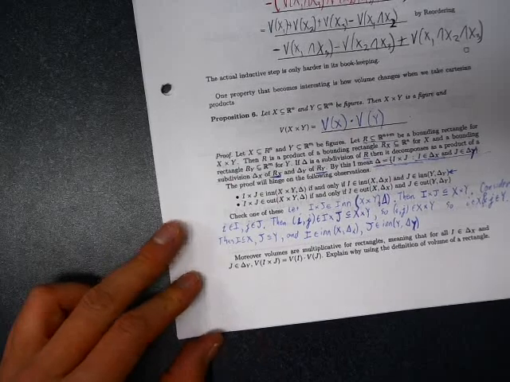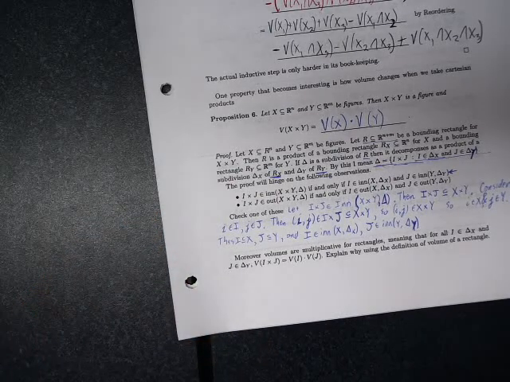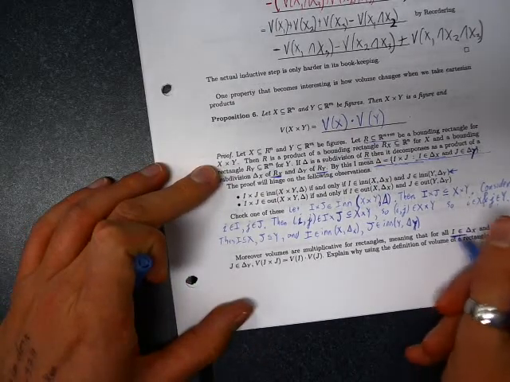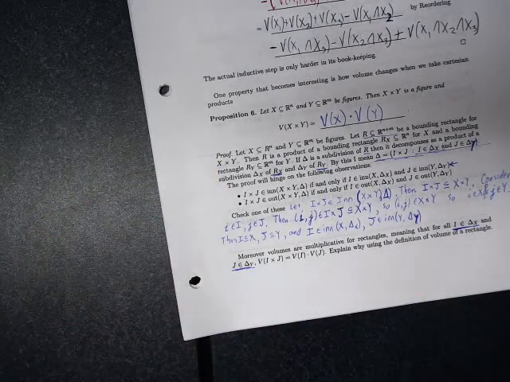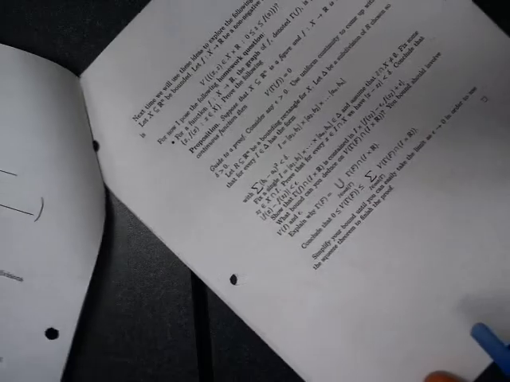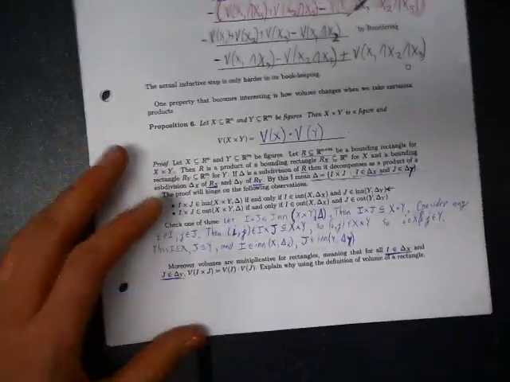Moreover, I claim that volumes are multiplicative for rectangles. By that I mean, if I is in delta X and J is in delta Y, then the volume of I cross J is the volume of I times the volume of J. Is that clear? In fact, I think that on the next page I give myself space to explain why. No, but we can.